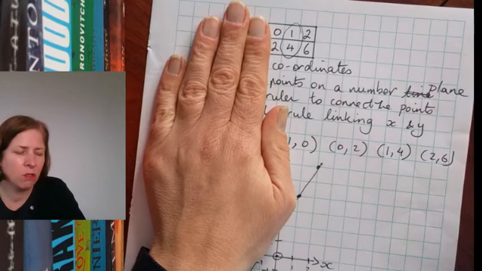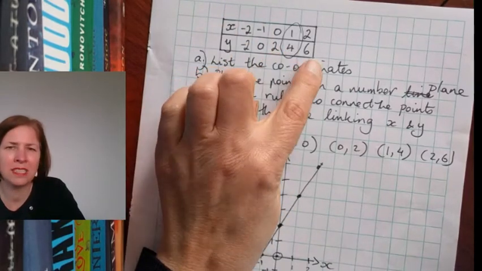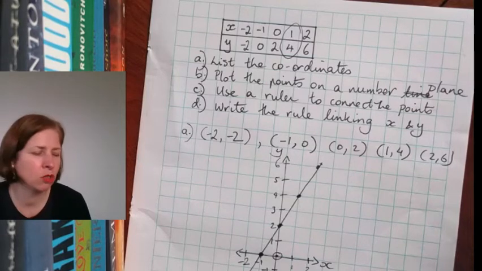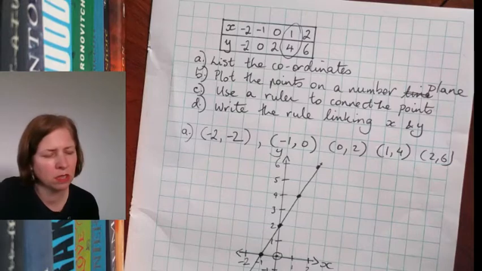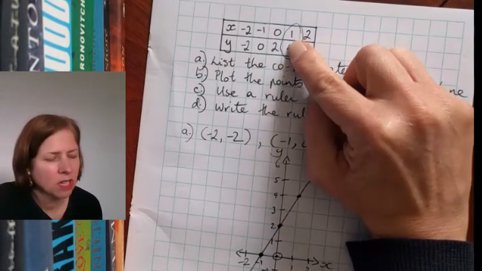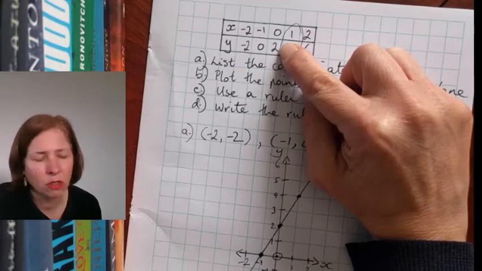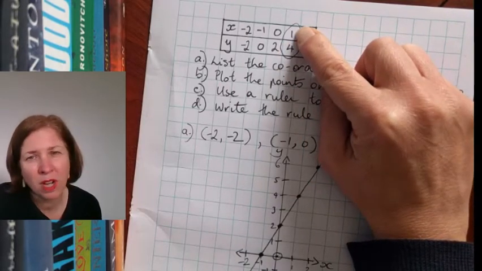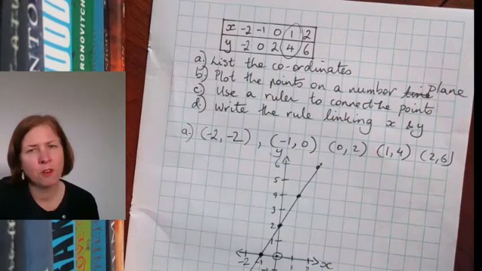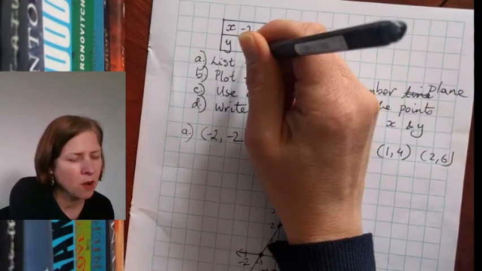Now it kind of looks like, because it's 2 and 4 and 6, these numbers are all multiples of 2. So it looks like I'm multiplying X by 2, but that's not right, because look, if I multiply X by 2, I don't get 2, I get 0. If I multiply this number by 2, I don't get 2 either. So what I'm going to do is I look first for this pattern. What am I going up by?